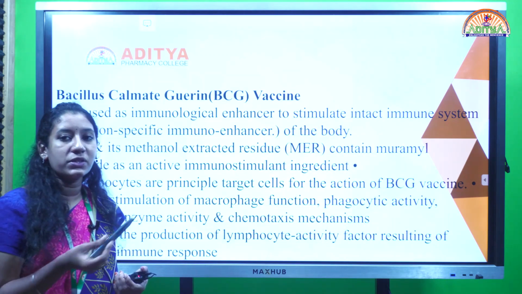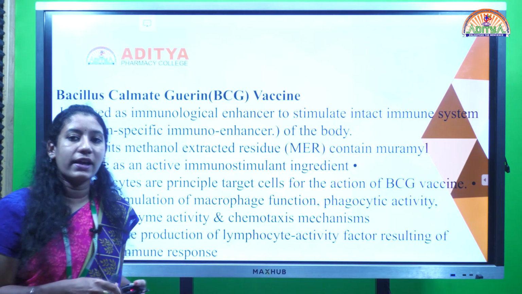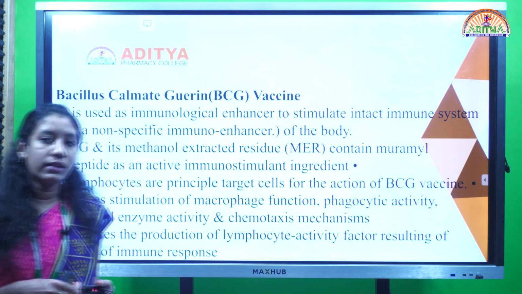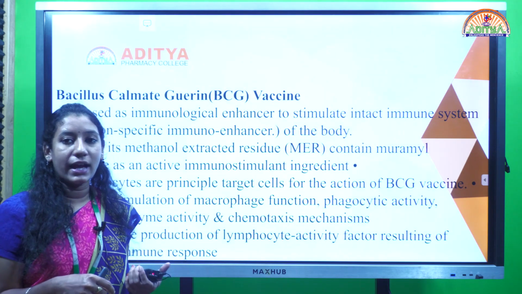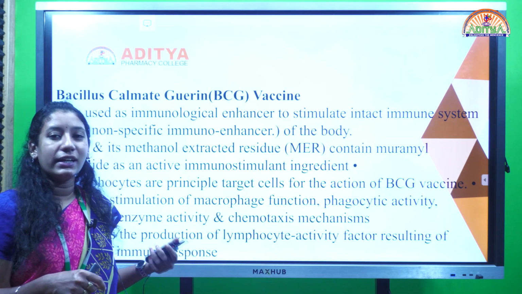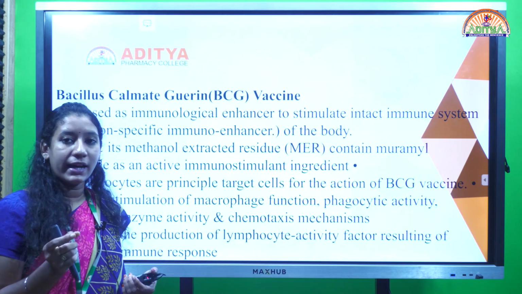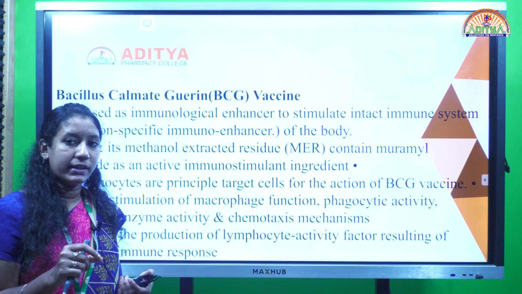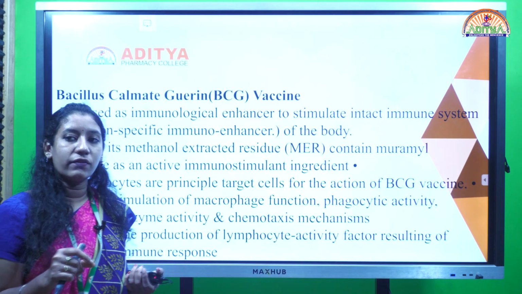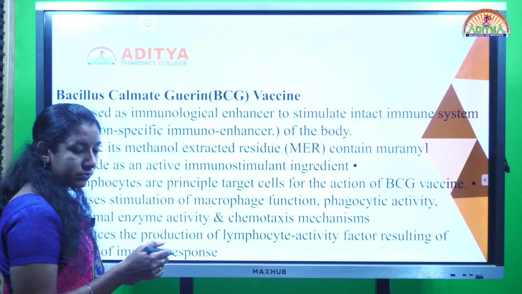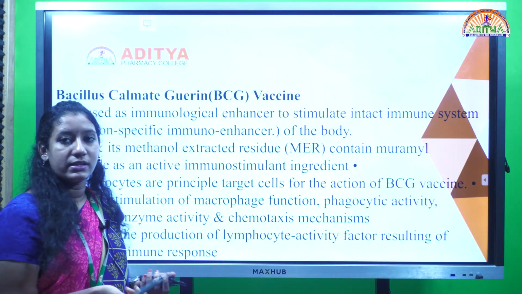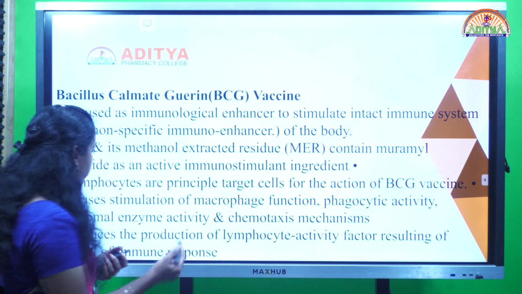Again, BCG means Bacillus Calmette-Guerin. Its methanolic extract residue contains a peptide known as muramyl dipeptide, and that muramyl dipeptide is an immunostimulant, and it also leads to production of various T cells and produces immune responses. Like that, it can stimulate the immune system.